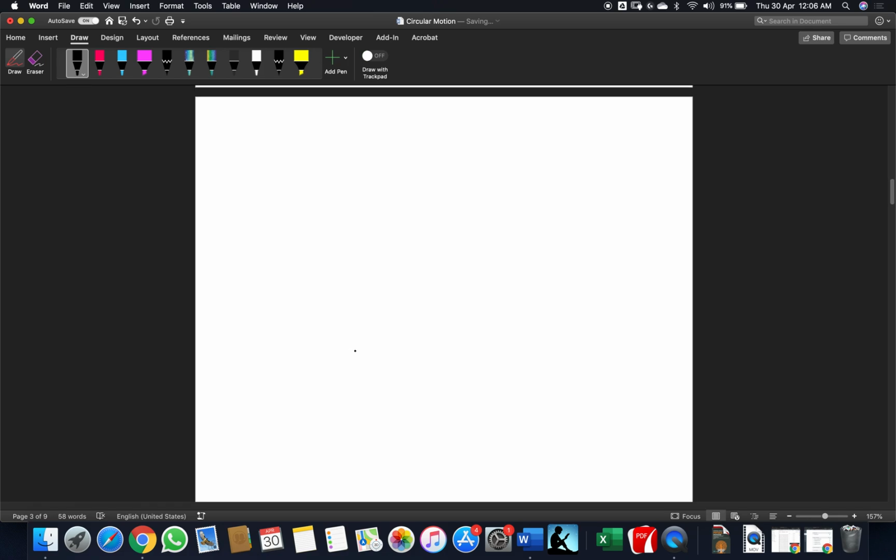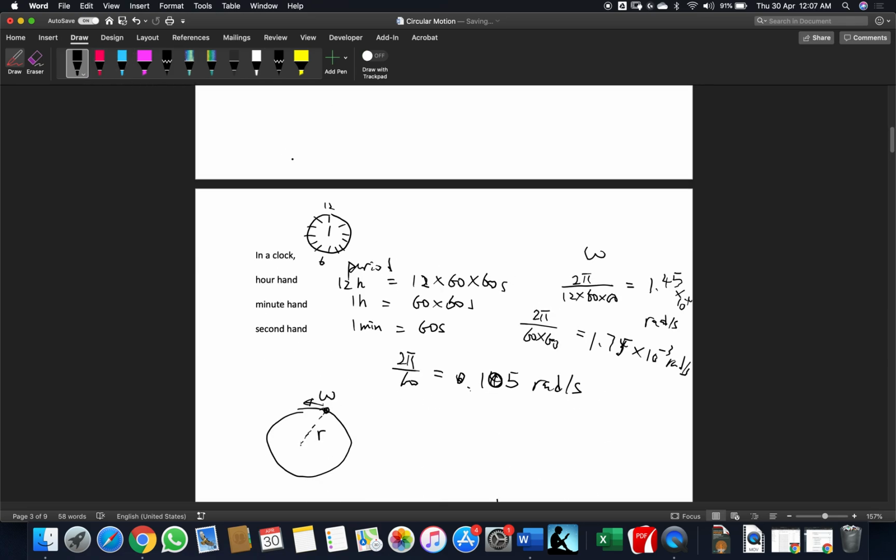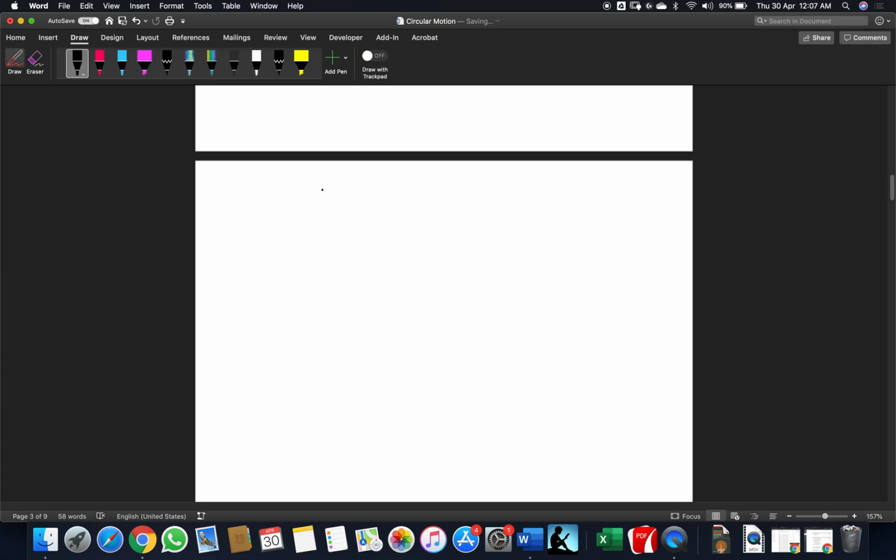Let me give you one example, still using the clock, with the second hand. We know that the second hand travels a circle in 1 minute, so the period is 1 minute.